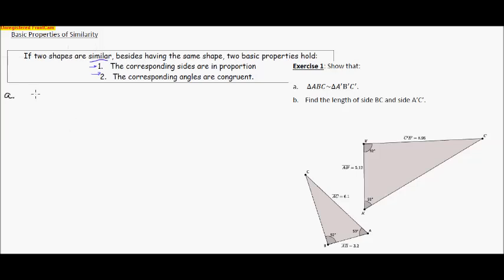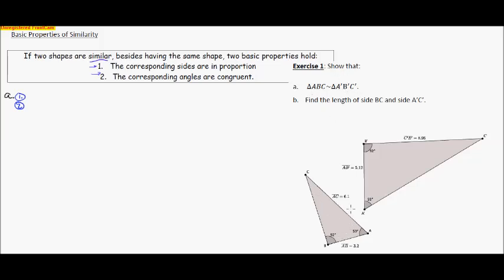Well, the same way we did in the previous section, we need to show that you have two corresponding angles that are congruent, and then we can conclude that they're similar.